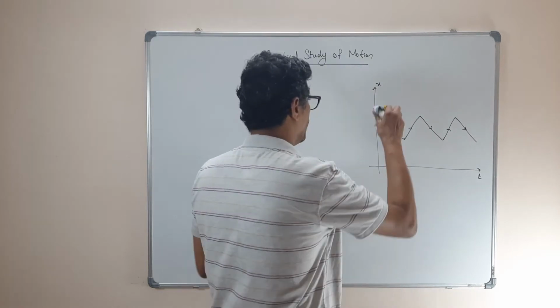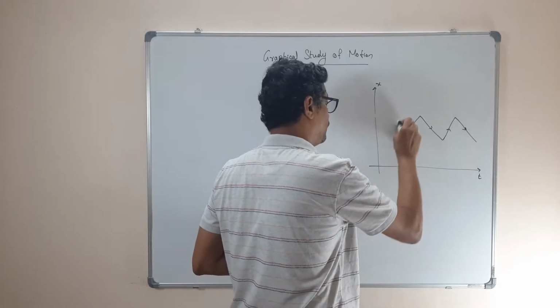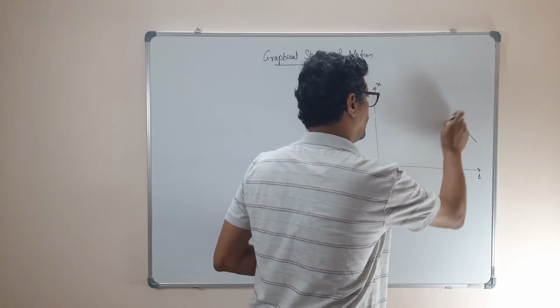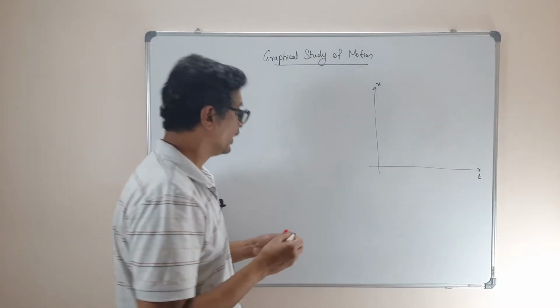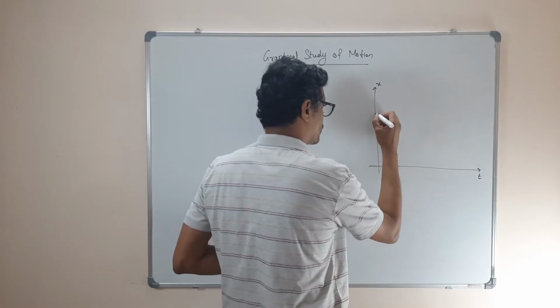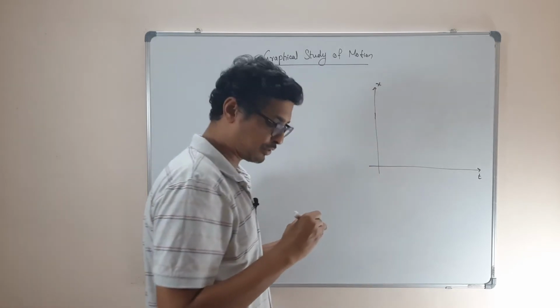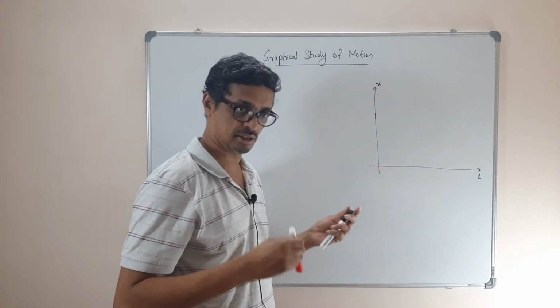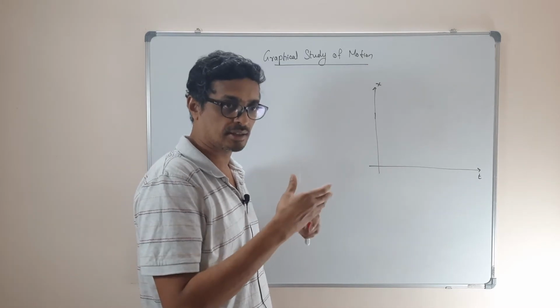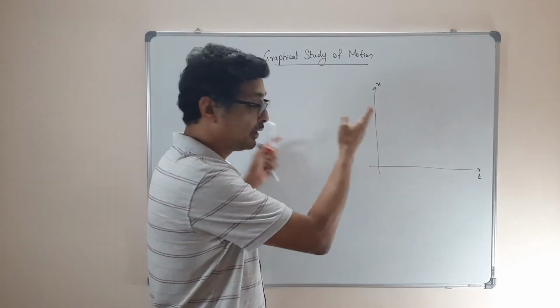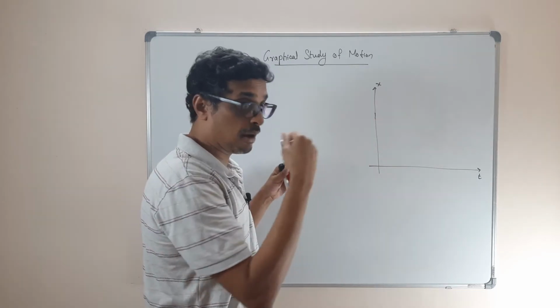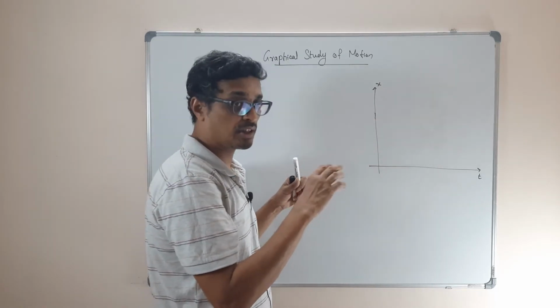Suppose the body's motion is not constant, meaning the velocity is not constant, that is, it is not traveling equal displacement in equal intervals of time. Then the earlier approach is not valid anymore. In the earlier cases, you can always find the speed too.